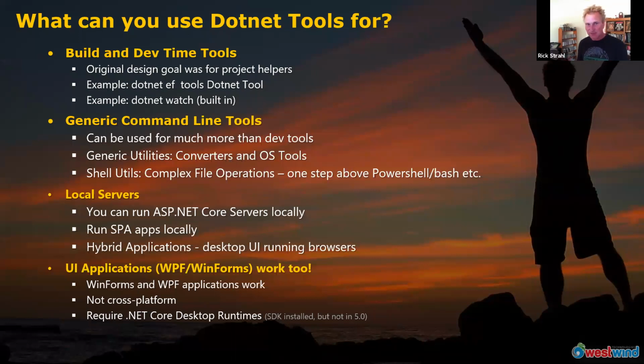Now, obviously, when you do this, you lose the cross-platform capability. And you do have to make sure that you have the right runtime installed. So the .NET Core SDK installs the desktop runtimes at this point. But I think in .NET Core 5, that will go away. So in that case, you will have to make sure that when you distribute your application, the appropriate runtime is installed.